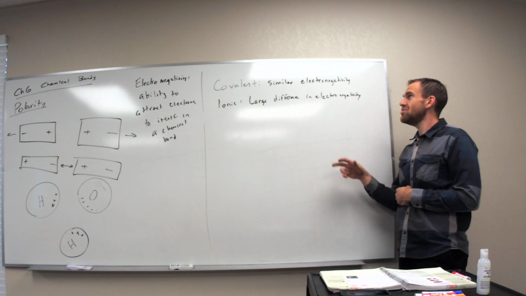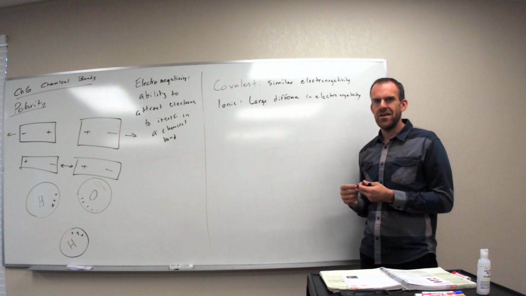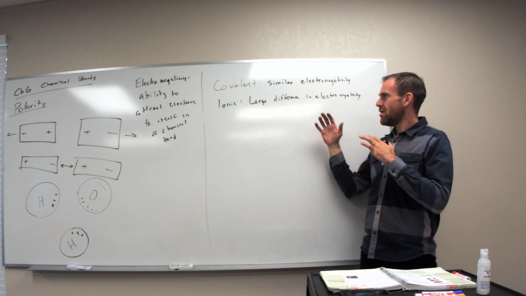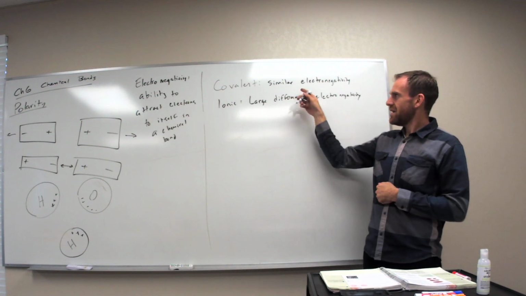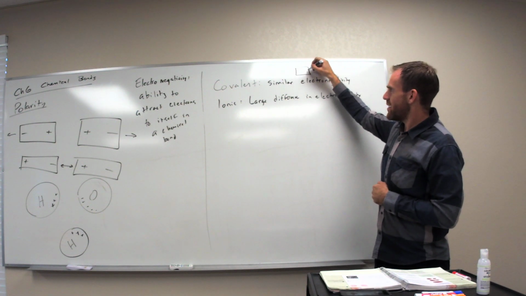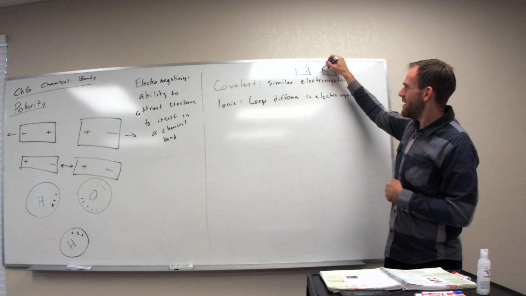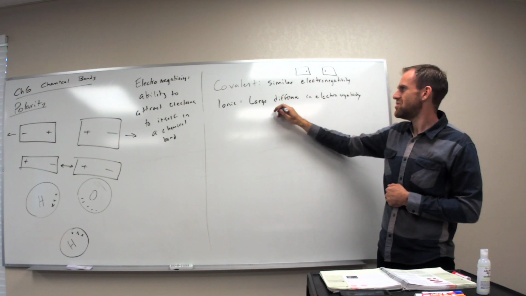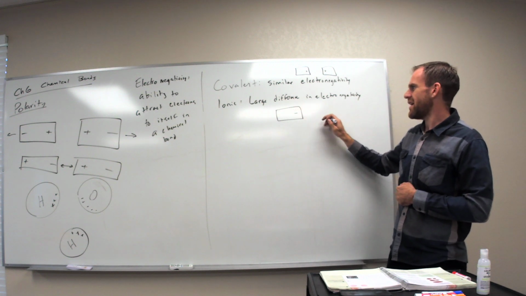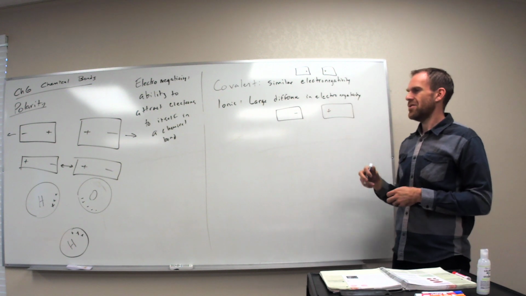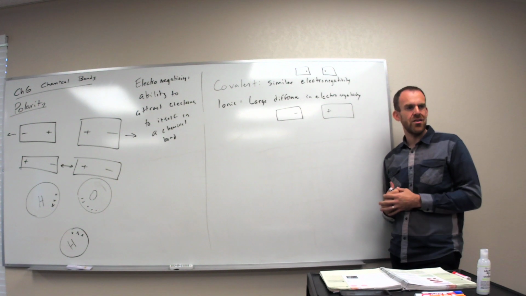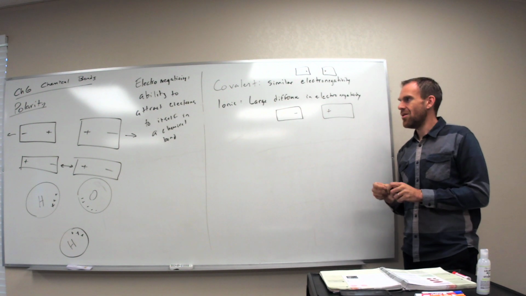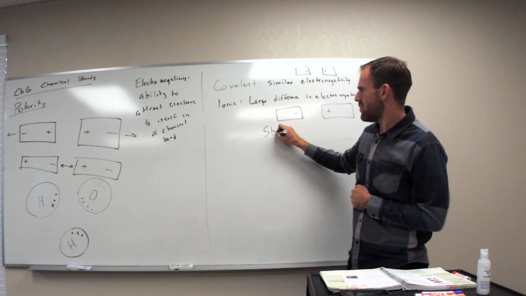So, if you take two magnets of similar strength and put them together, as opposed to a very negative one and a very positive one, which one is going to pull together more? Ionic, right? So ionic results in a stronger bond.